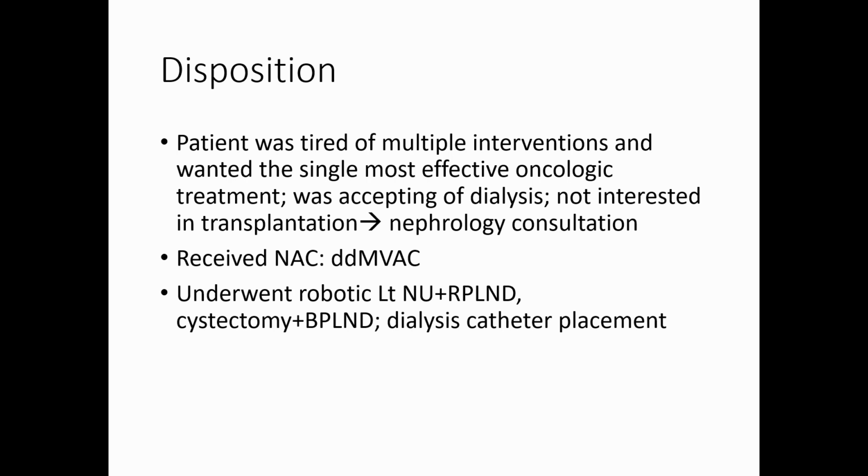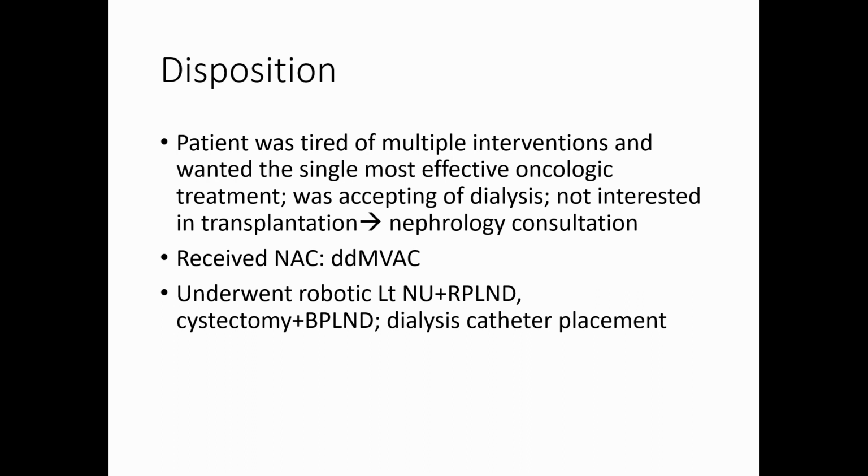Since she wanted the most effective oncologic treatment, and we had a high-risk condition, T1, possibly high-grade, multifocal with CIS, we offered neoadjuvant chemotherapy, and then consolidative nephroureterectomy with cystectomy, which we did robotically, with dialysis catheter placement at the time of surgery, so vascular access lines.